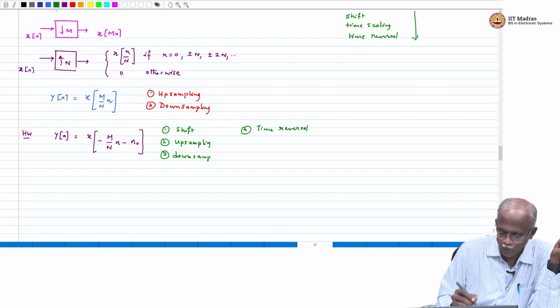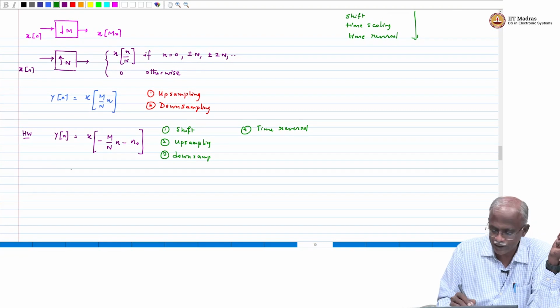So the first step would be to define an intermediate sequence. The first step is shift. So x1 of n is equal to x of n minus n naught.